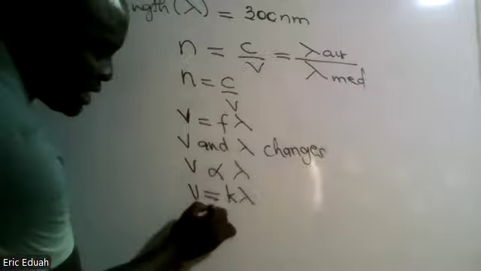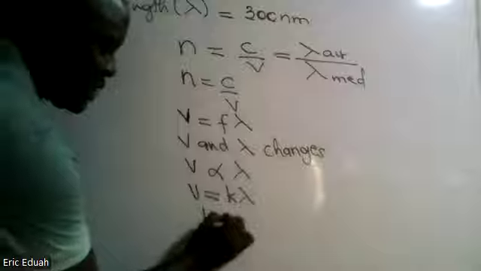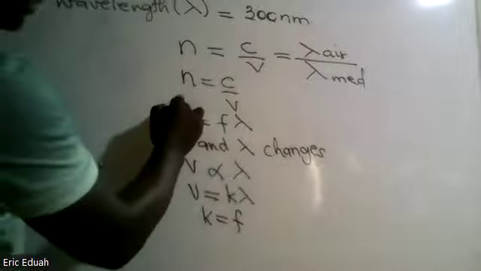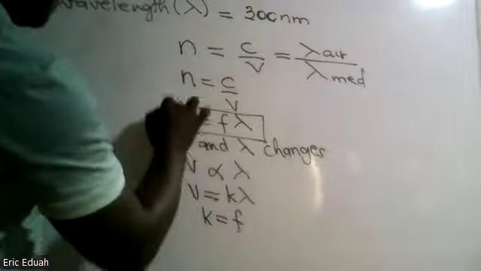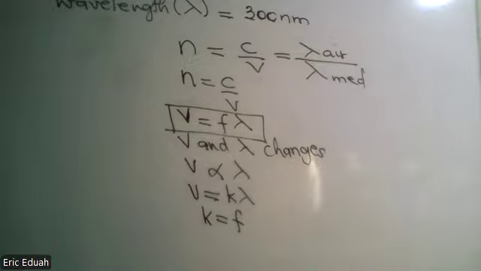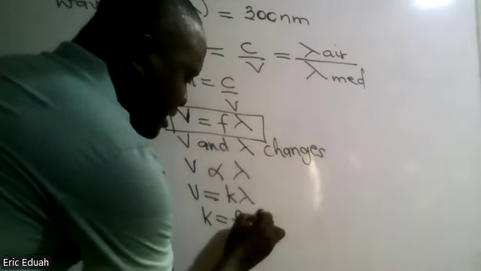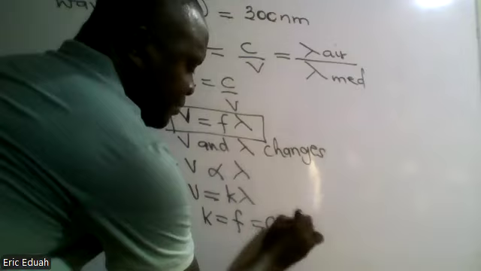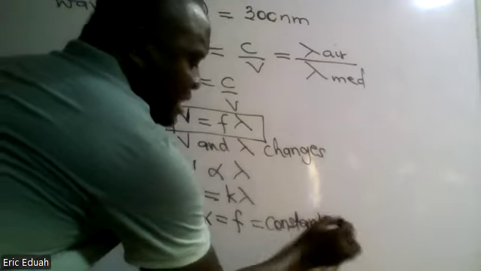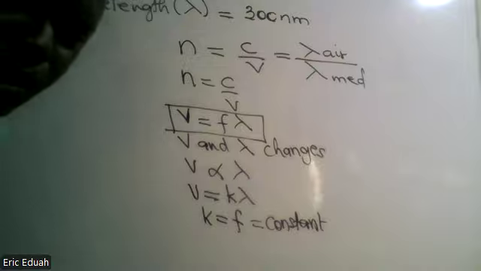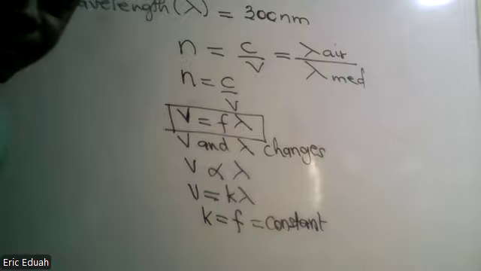This constant k of proportionality is equal to the frequency, the reason for which we say that v is equal to f lambda. f is a constant, it doesn't change from one medium into another.